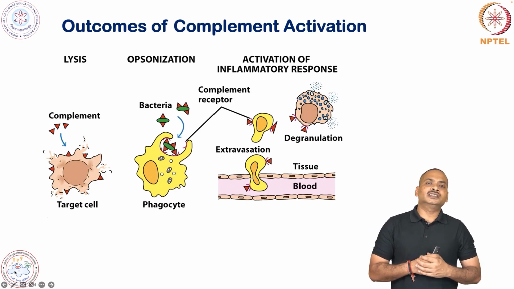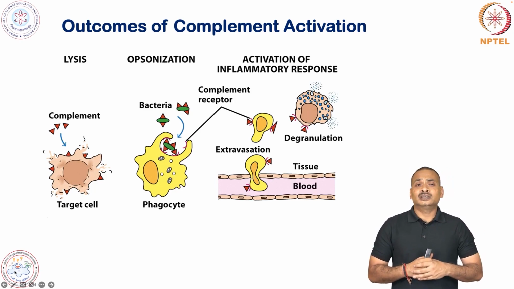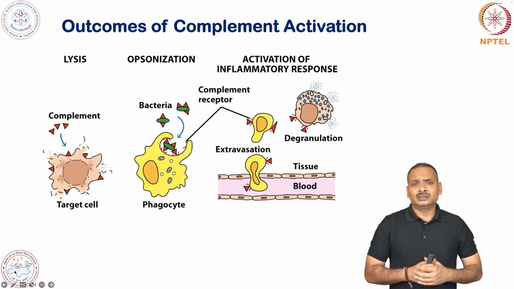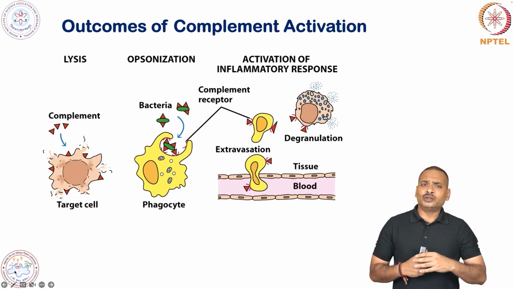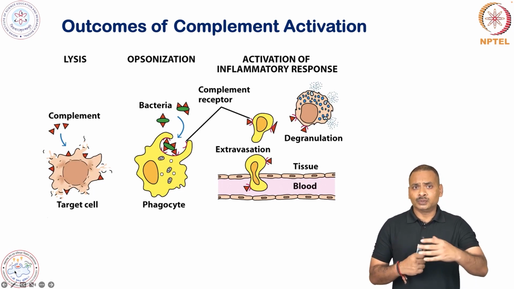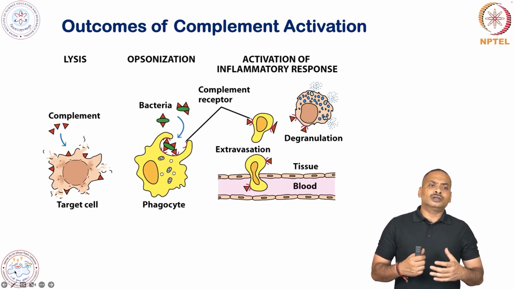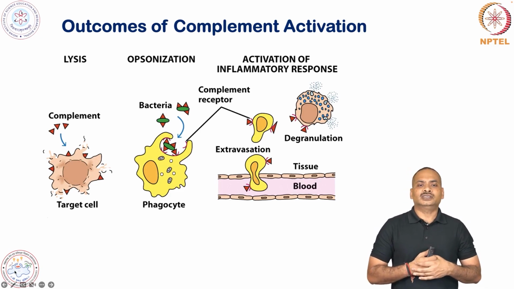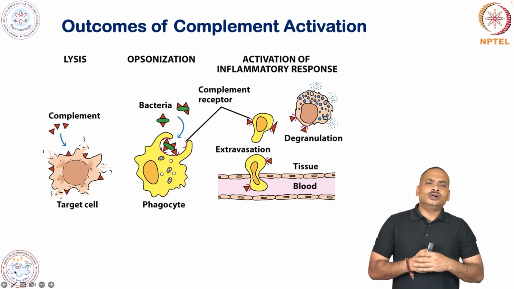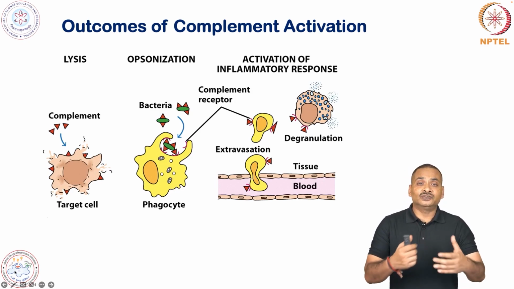Opsonization is basically when the target microbe is coated by some group of molecules, and once it is coated, then phagocytic cells will readily phagocytose this microbe. So we call it opsonization, or you can call it a more quick phagocytosis. The third outcome of the complement activation is to induce inflammation.